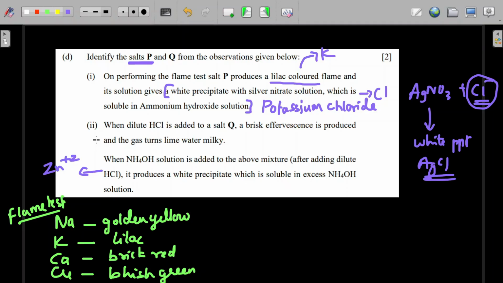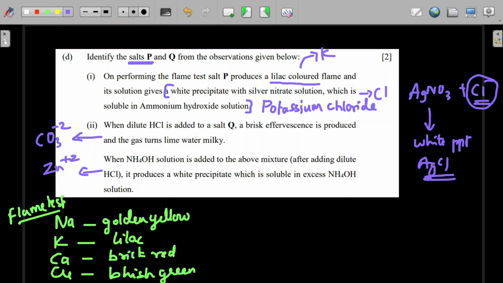CO2 is a compound, not an ion, no? Which substance will give you CO2 gas when it reacts with acid? A carbonate. So that is the one.